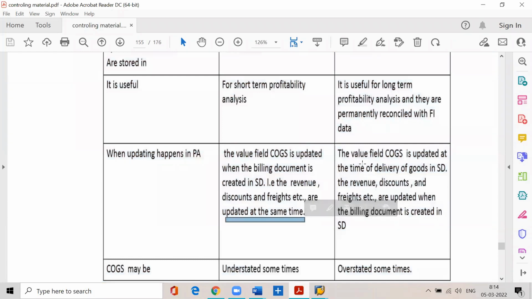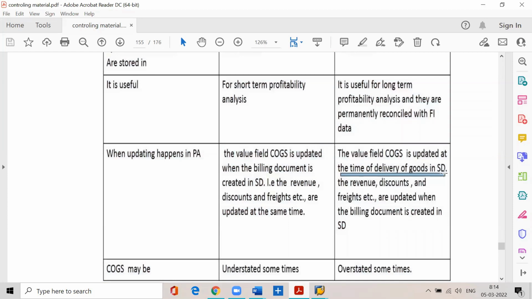But in the case of profit center accounting, the value field COGS is updated at the time of delivery of goods in SD. Delivery happens before billing in SD. So in the case of account-based COPA, the cost of goods sold field is updated before costing-based COPA.